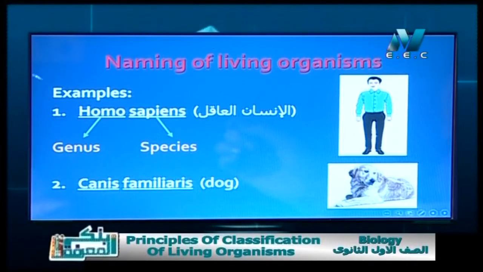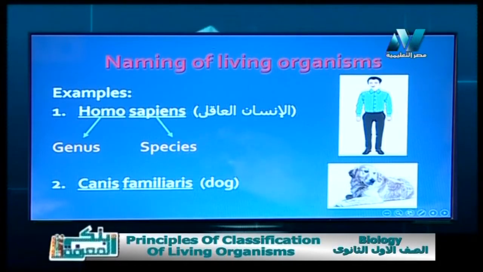So the people who live in Japan or in Africa or in America or Europe, anywhere all over the world, know the name of this organism. All of them use the same name for the same organism. So the binomial name, for example, we have Homo sapiens, and Homo sapiens means the human being.